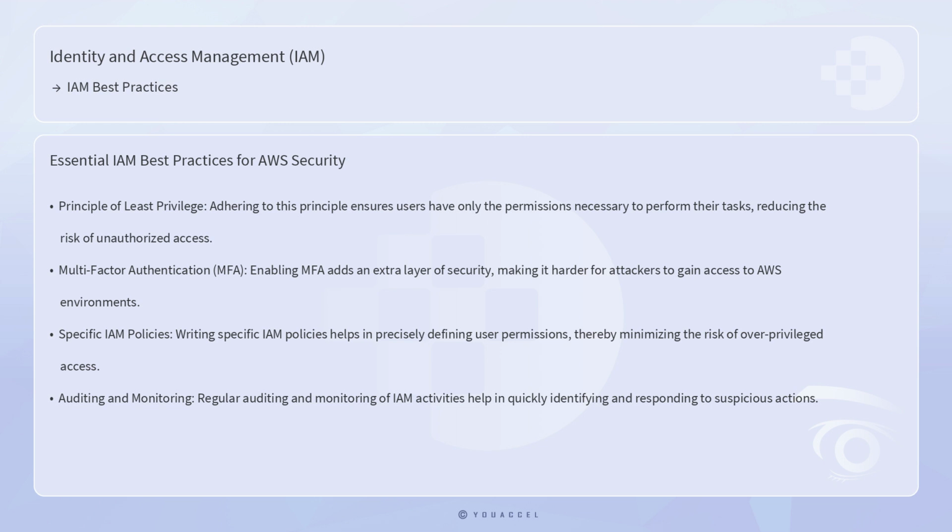These practices not only protect against potential threats, but also streamline access management, making it easier to maintain a secure and efficient AWS environment.